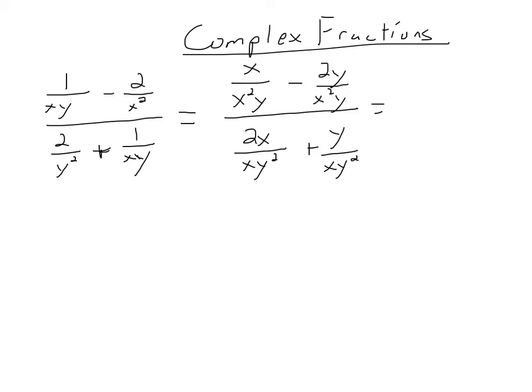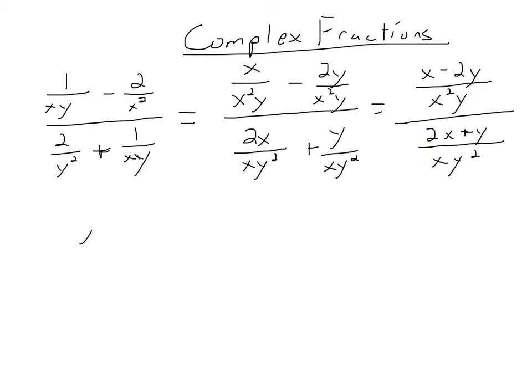We will get x minus 2y over x squared y all over 2x plus y over xy squared. So now that we have one fraction over another fraction, we can do the division.